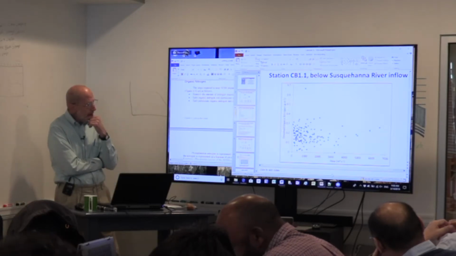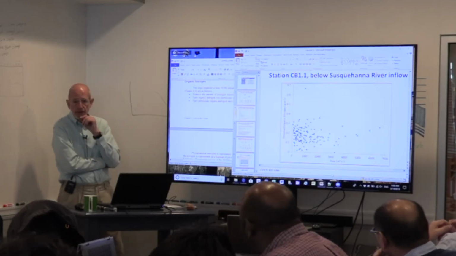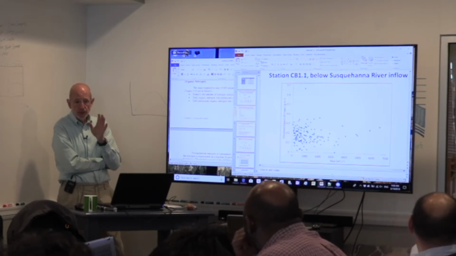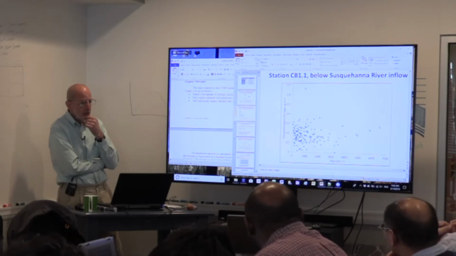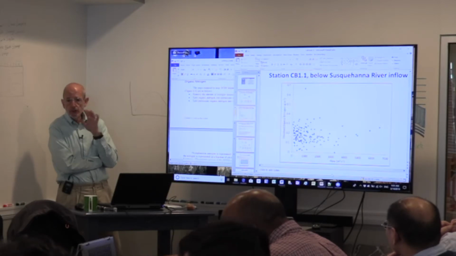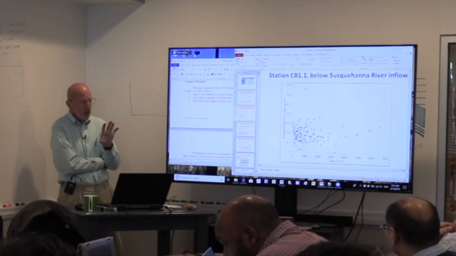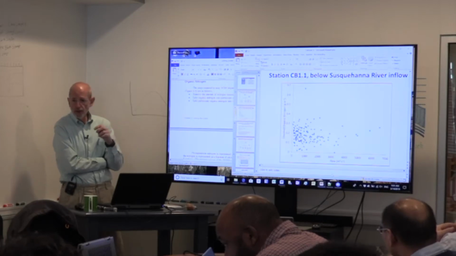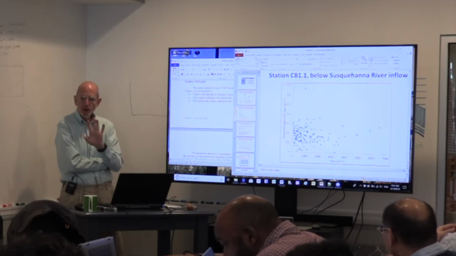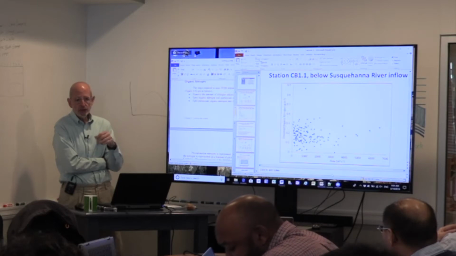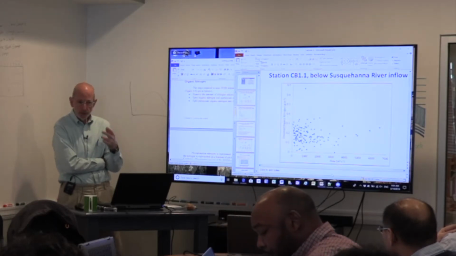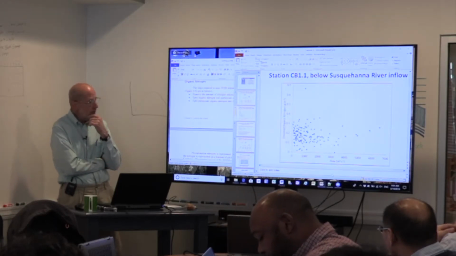The Bay program, in cooperation with a lot of other agencies, particularly the Geological Survey, but also state agencies, have a fall line monitoring program. So they monitor very thoroughly what comes into the bay at the major inputs: the Susquehanna River, the James River, the Potomac River, the Patuxent River.